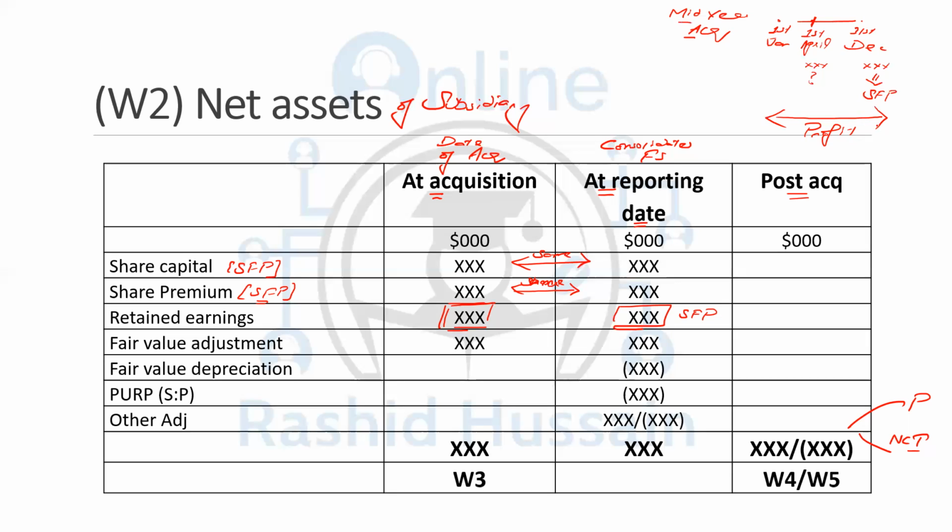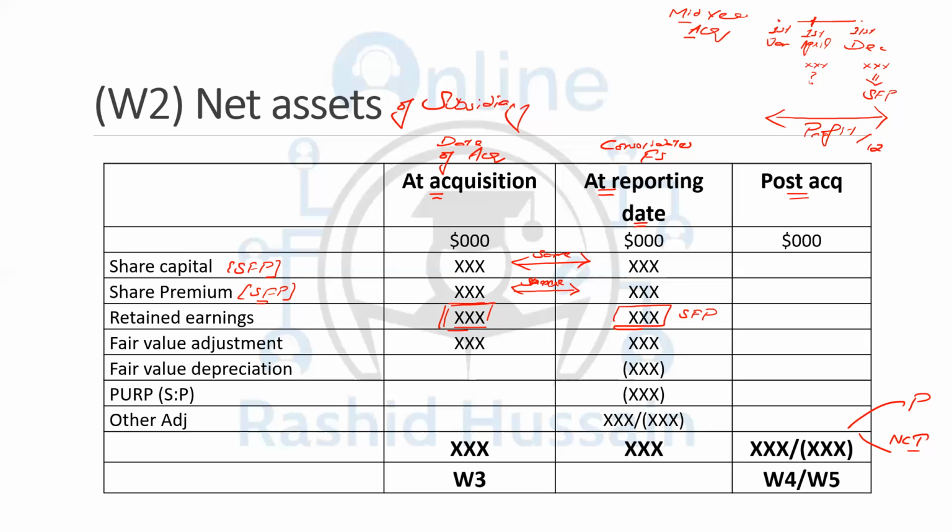And the examiner is also going to tell you that this profit accrues evenly throughout the year. That means you can assume that this profit was evenly spread over 12 months. So the profit given by the examiner can be divided simply by 12 in order to calculate the profit of 1 month.